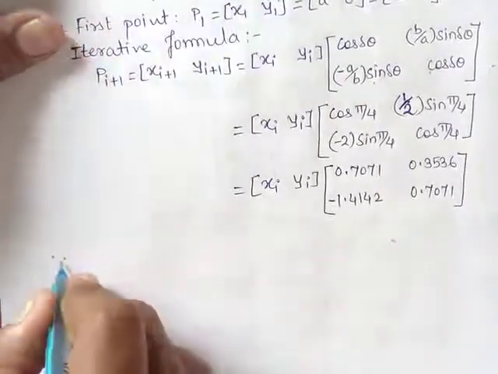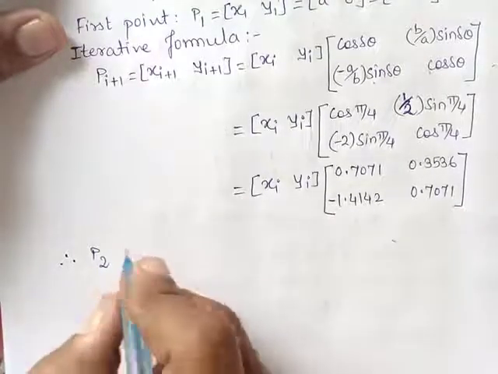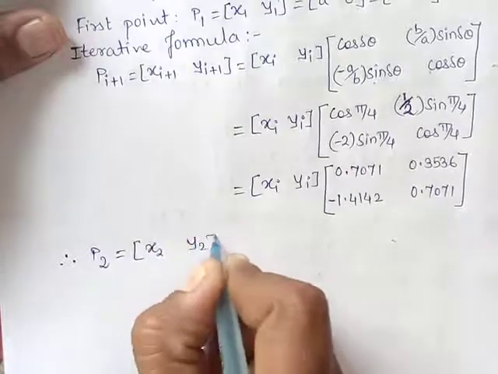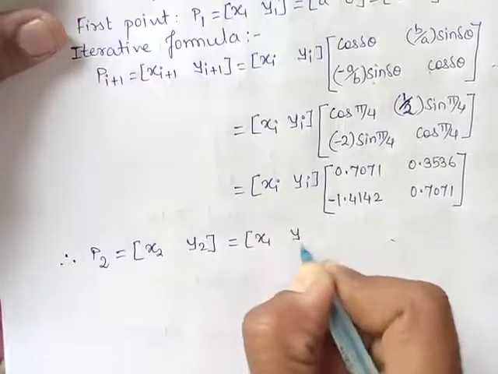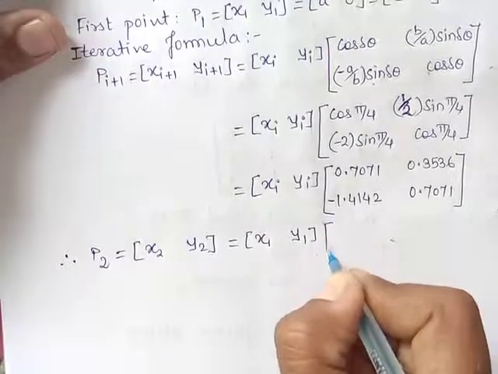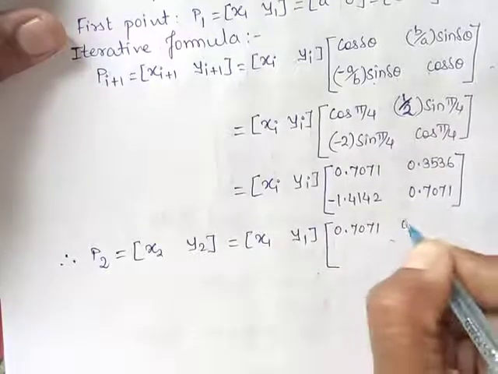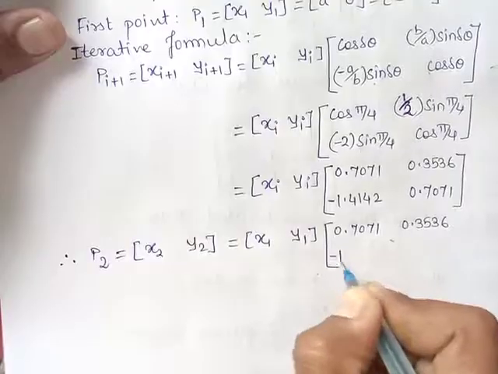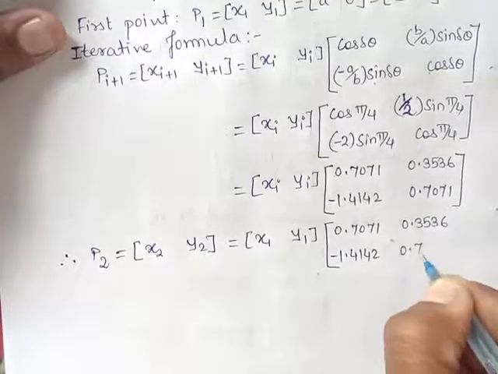Therefore, P2 is what? X2 Y2. That is nothing but X1 Y1 into this matrix: 0.7071, 0.3536, minus 1.4142, 0.7071.